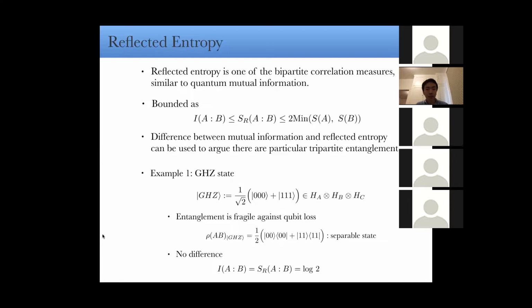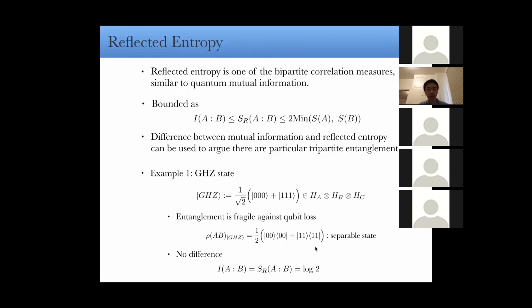For example, let's consider the GHZ state. The GHZ state is written in terms of a state like this form. It has a tripartite entanglement, but this entanglement is very fragile in the sense that if you trace out one of the systems, it ends up in the following density matrix, which is a separable state.